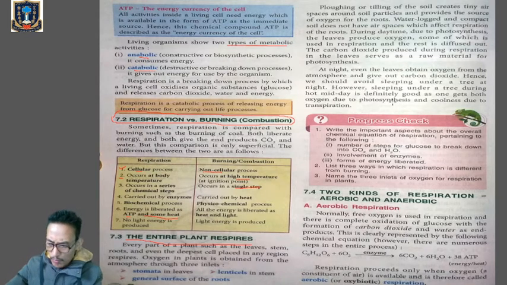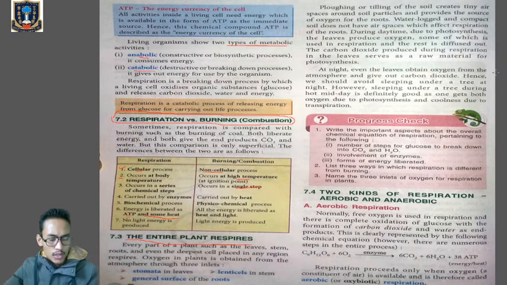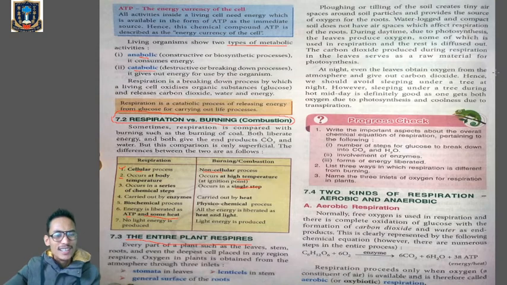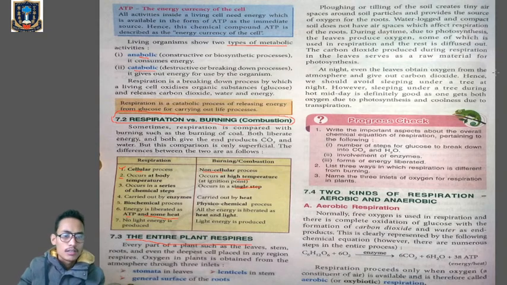They are the minute pores present on the surface of the leaf. Through this tiny pore, the stomata, oxygen diffuses from the environment into the leaf. That means with the help of the stomata, oxygen gets in towards the plant cells.